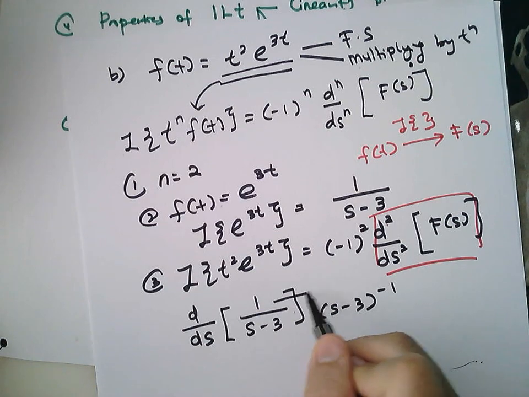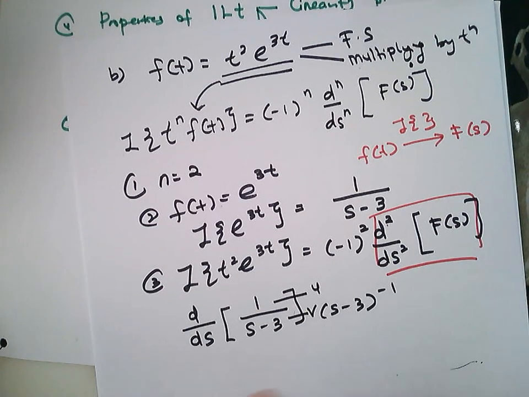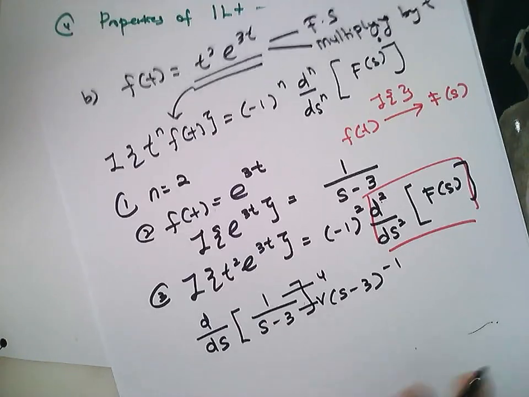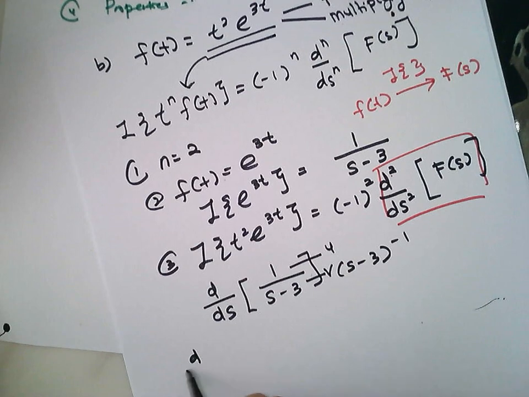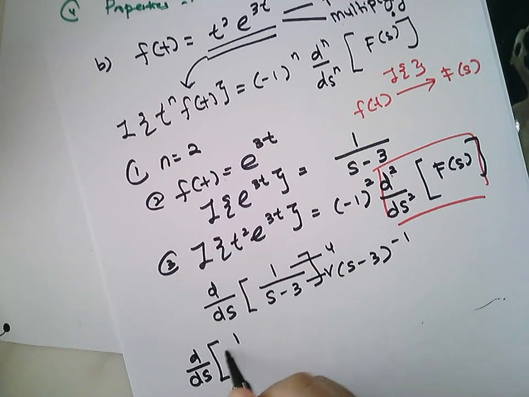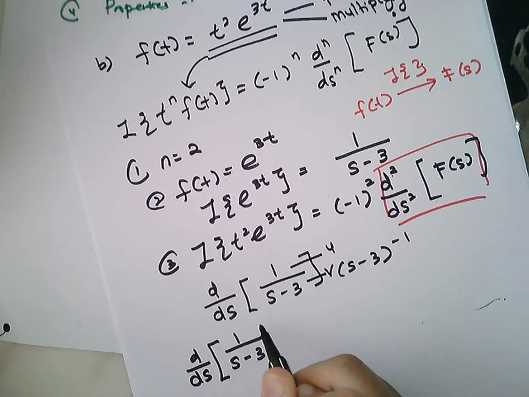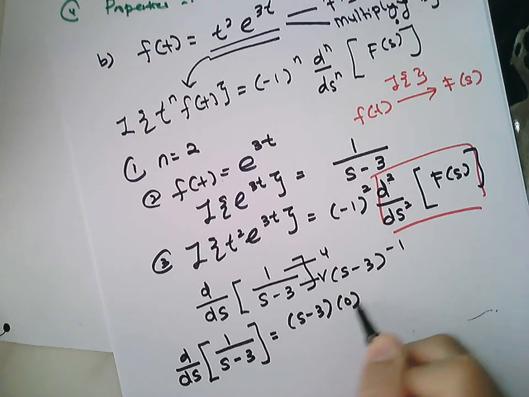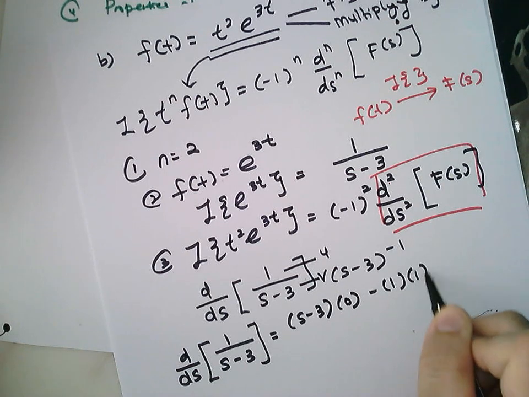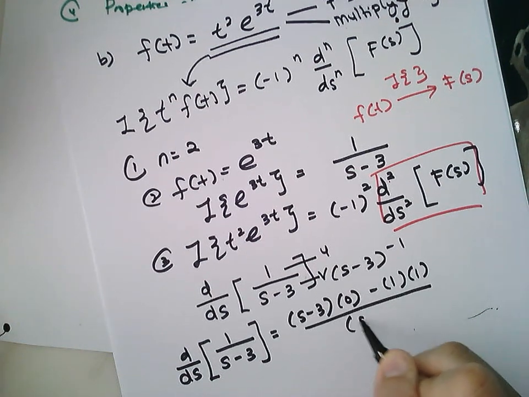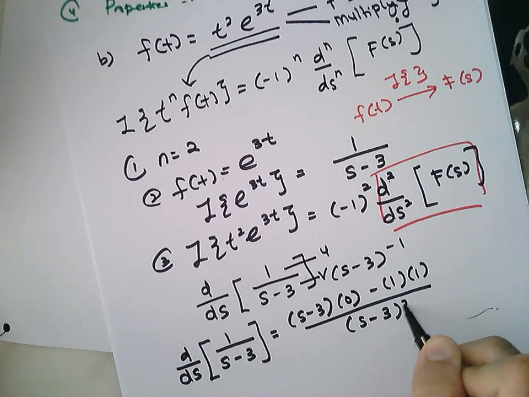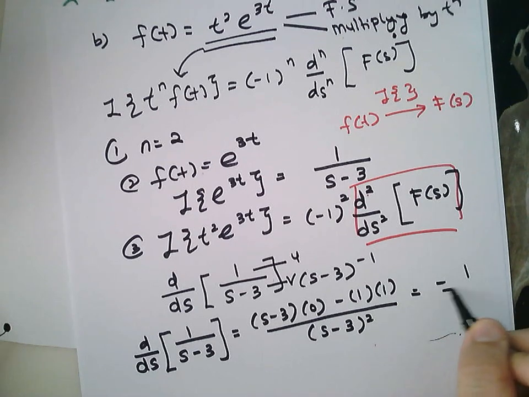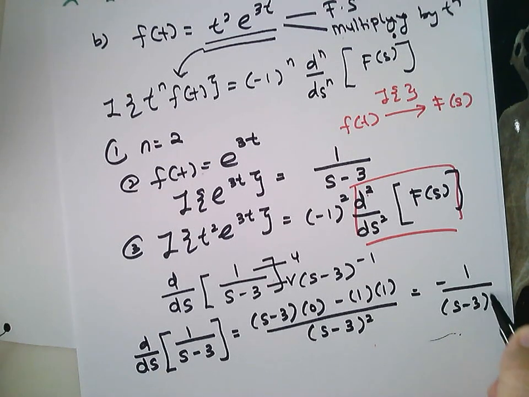Let the numerator be u and the denominator be v. I'm using the quotient rule: d/ds of 1 over s minus 3 is equal to (v u prime minus u v prime) over v squared, so you have (s minus 3) squared. Therefore your answer is negative 1 over (s minus 3) squared.